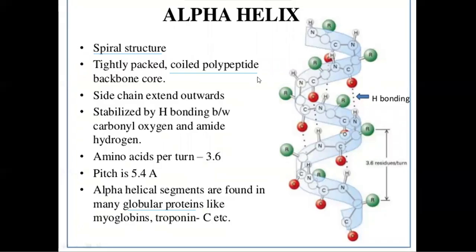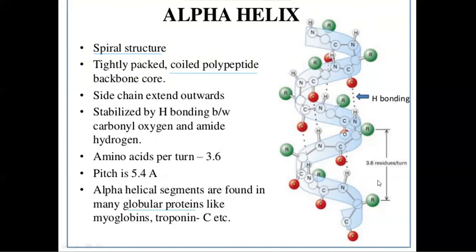The alpha helix secondary structure is spiral in nature, coiled and tightly packed. While it is spiraling, instability is produced between these amino acids. To get stability, a hydrogen bond will be formed to stabilize this helix.